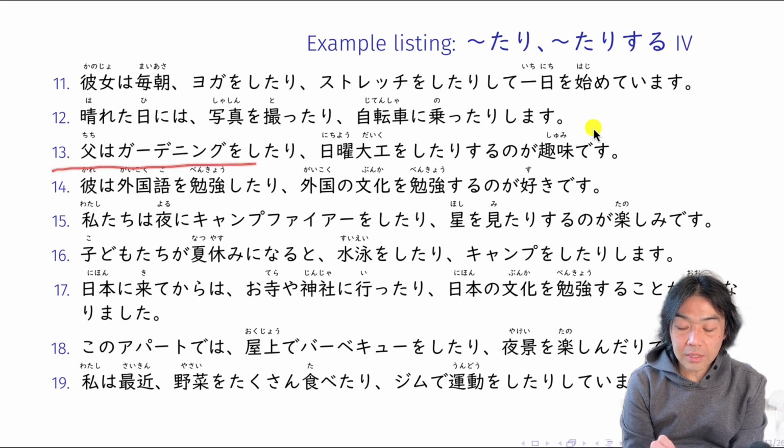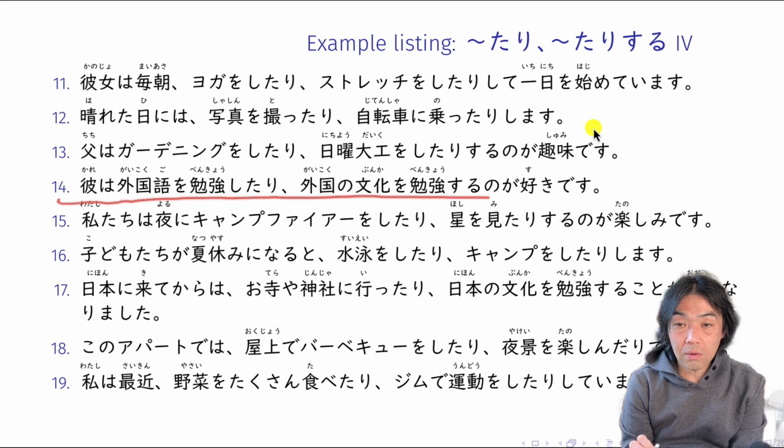父はガーデニングをしたり、日曜大工をしたりするのが趣味です。14番、彼は外国語を勉強したり、外国の文化を勉強するのが好きです。外国語 is a foreign language and 文化 is culture.